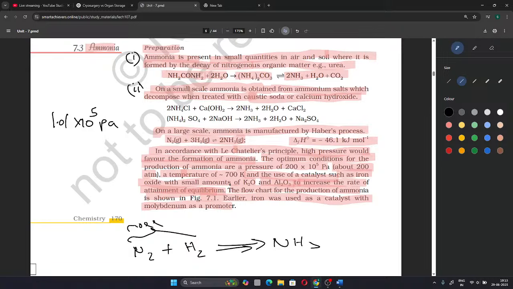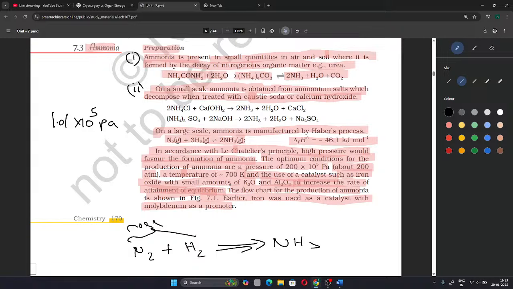So a pressure of approximately 200 atmosphere is used, and a temperature of 773 Kelvin, and the use of catalyst as iron oxide with small amounts of potassium oxide and aluminium oxide is used to increase the rate of attainment of equilibrium.